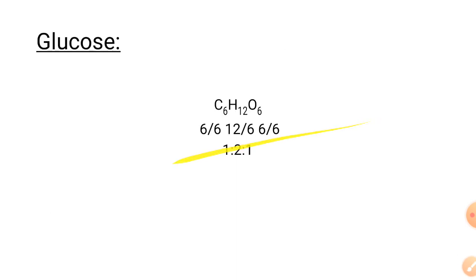further, there is another example of glucose. Yes, the molecular formula of glucose, which is a covalent compound, is C6H12O6. But here we are discussing empirical formula. Empirical formula is the simplest whole number ratio. It means, can you simplify this?